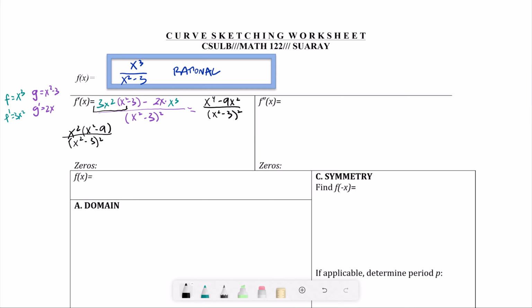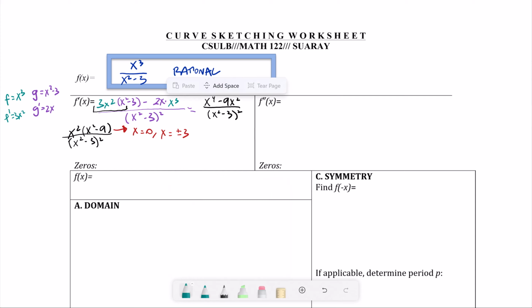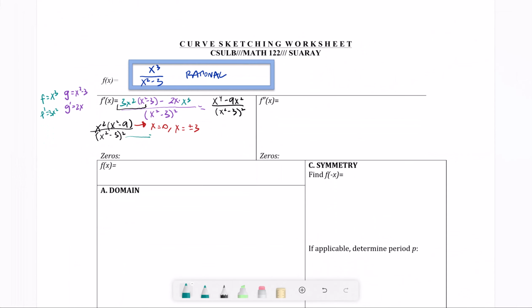Okay, for the numerator, we get x equals 0, x equals plus or minus 3, when we have the numerator equal to 0. For the denominator, we get x equals plus or minus radical 3. So that's going to give us the zeros of the numerator, the zeros of the denominator.